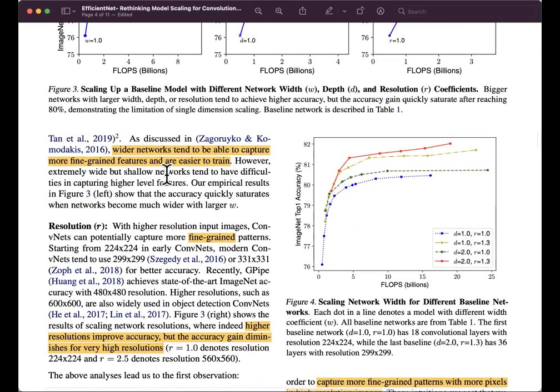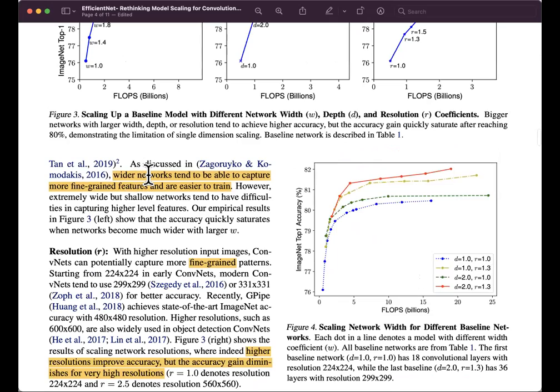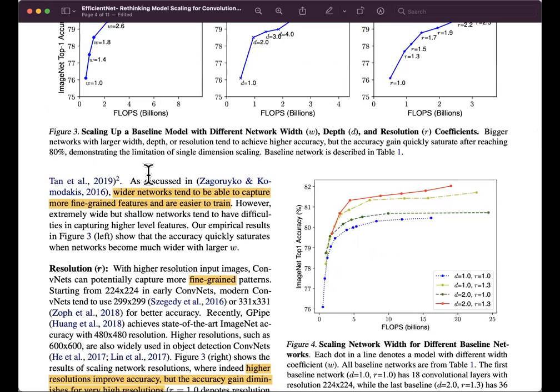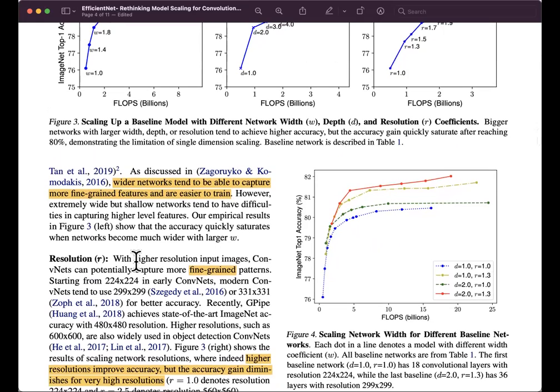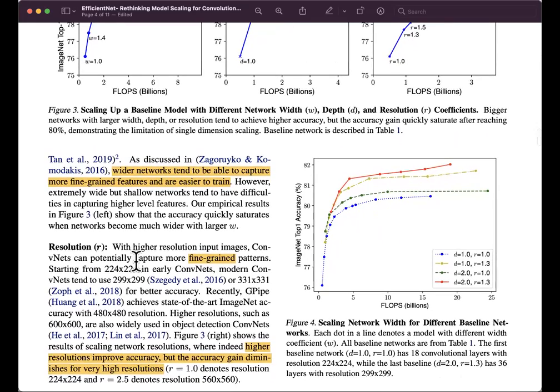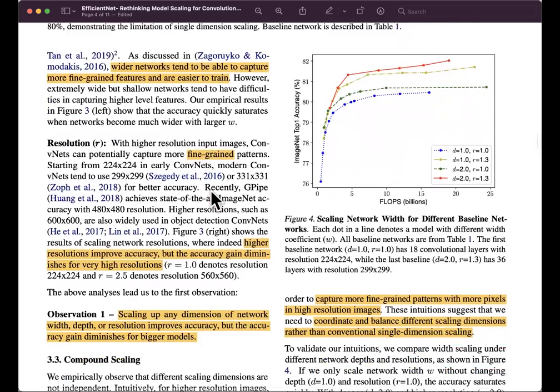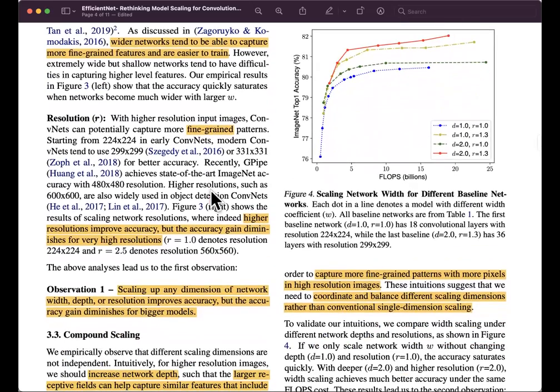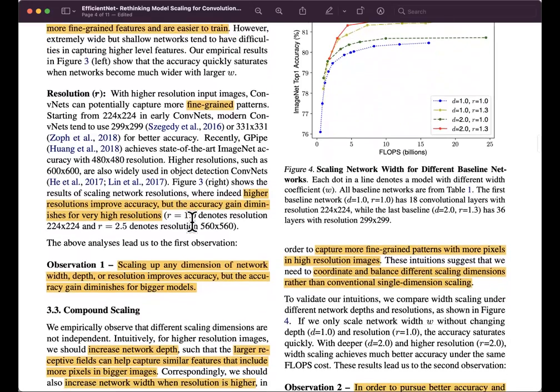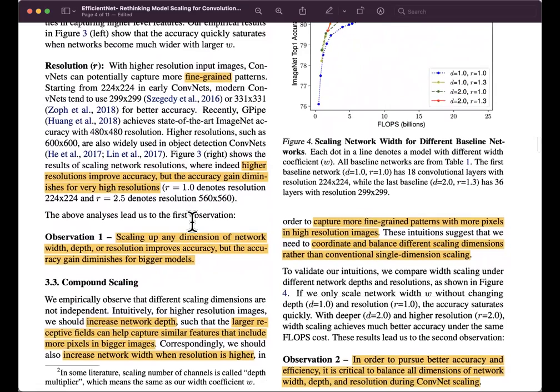So if we have a wide network, with a larger number of channels, then we can capture more fine-grained features, and they are easier to train. And also resolution, they have more fine-grained patterns. And higher resolution improves accuracy, but the accuracy gain diminishes for very high resolutions.